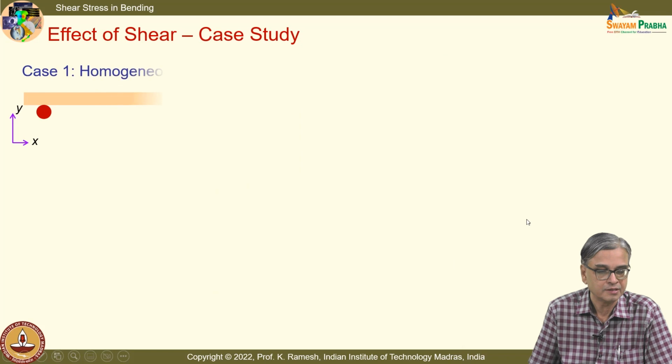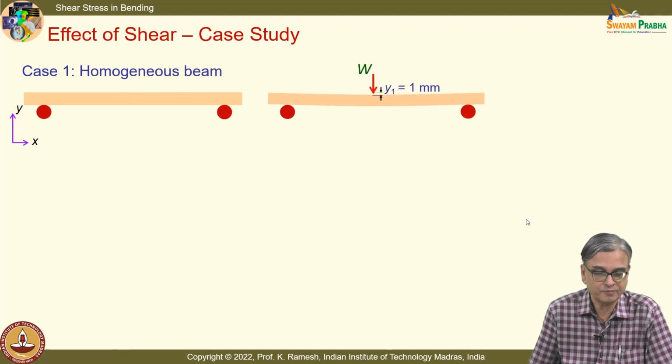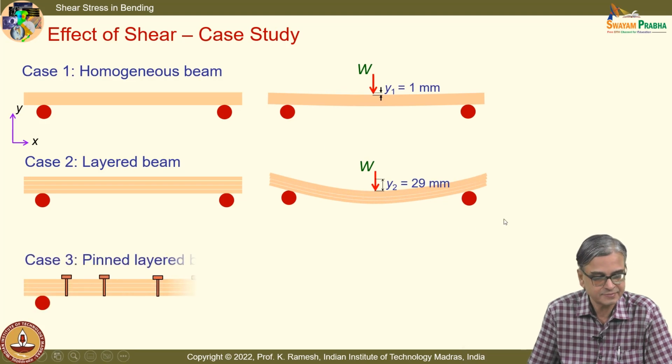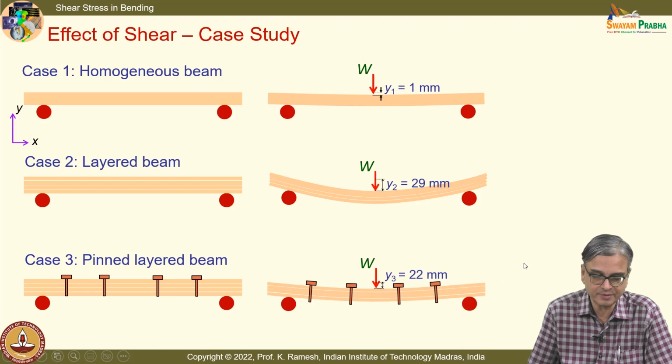And this is a summary. I have 1 millimeter, and then in the second case I have this as 29 millimeters, and in the third case you have this as 22 millimeters.